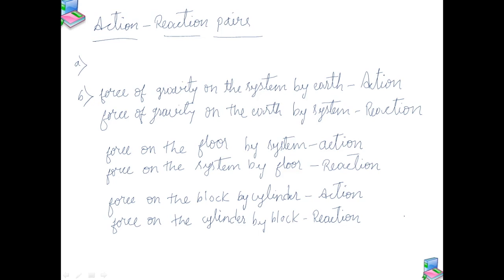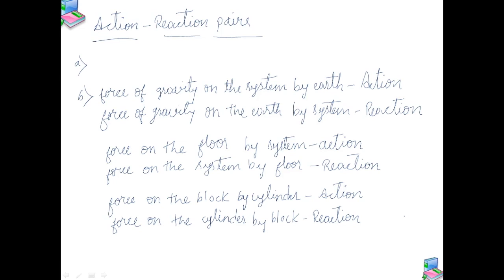And even in the second case, the force on the floor by the system, if you call that as action, then the force on the system by the floor we can call it as reaction. And the third case, that is the force on the block by the cylinder, if you call it as an action, then the force on the cylinder by the block we can call it as reaction, isn't it?